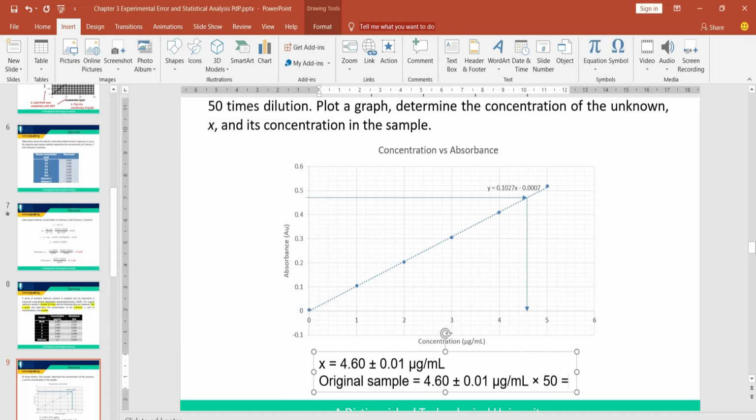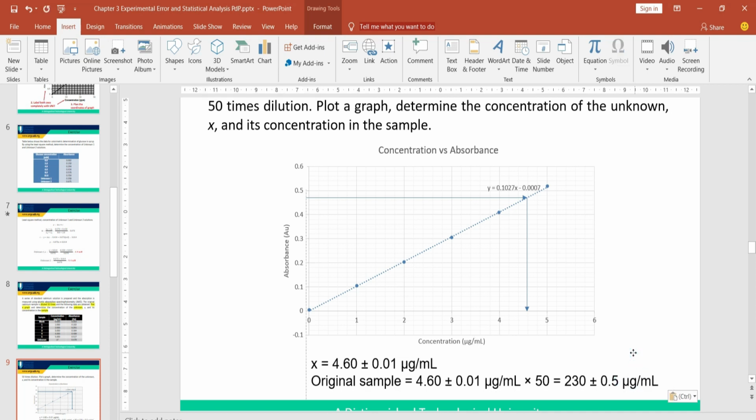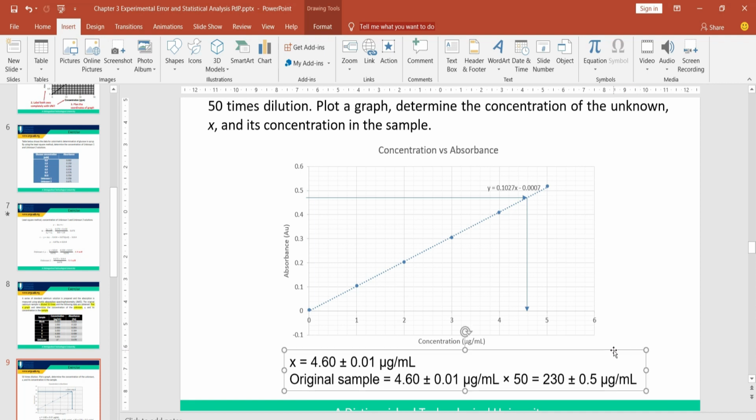It will be around 230 plus minus 0.5 microgram per mil. So this is the answer for exercise 2.